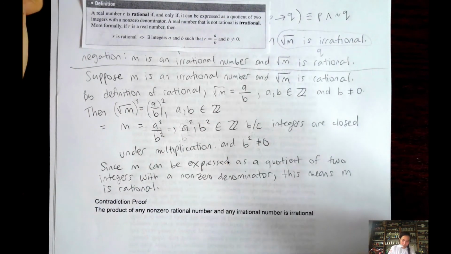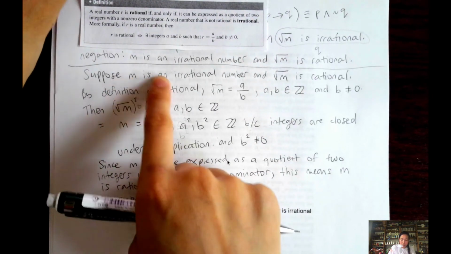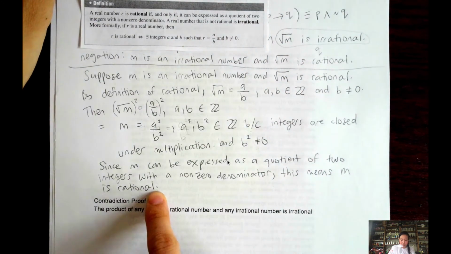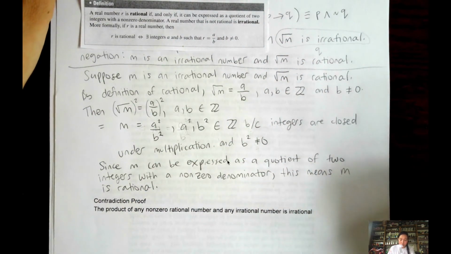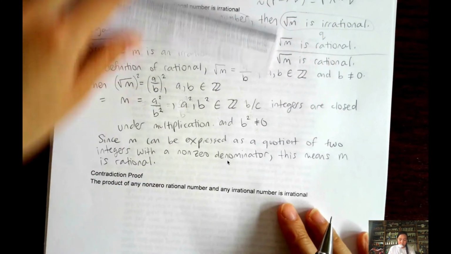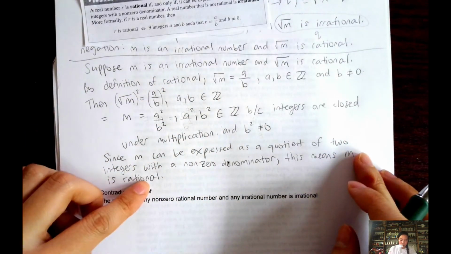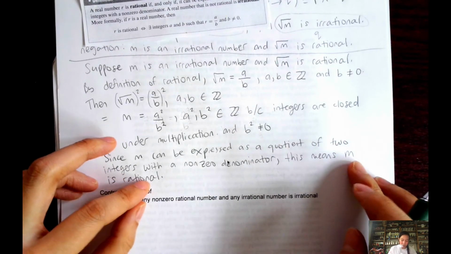But hold on, we said up here that m is an irrational number, but here we're saying m is rational. So this right here is a contradiction. We told the reader at the beginning that m is irrational, but we just proved that m is rational.